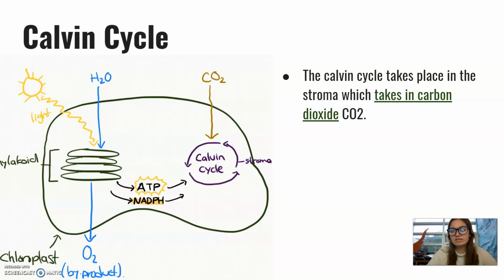Something else that the Calvin cycle is going to take in or use as a reactant or raw material would be carbon dioxide. We've already discussed how light energy and water are used in photosynthesis as a whole. They come in via the light reaction. Carbon dioxide comes in a little later in photosynthesis because it's entering during the Calvin cycle.